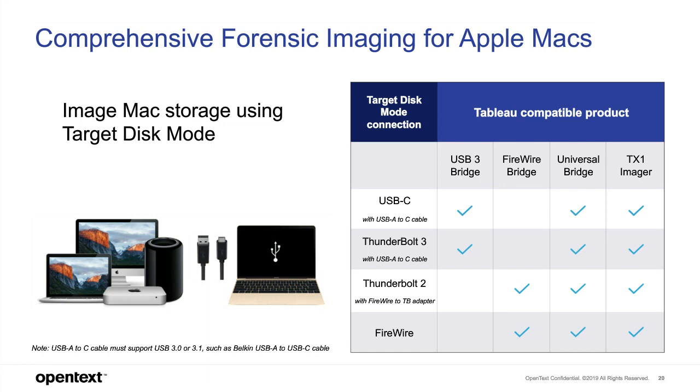With our 2.0 firmware update, we provided initial support for TDM over USB-C Thunderbolt 3 Macs, and with the recent 2.1 firmware release, even Macs with Fusion drives can now be TDM imaged on TX1, with each physical piece of media, the SSD and the hard drive, showing up as a separate source volume in TX1's UI, ready for imaging.